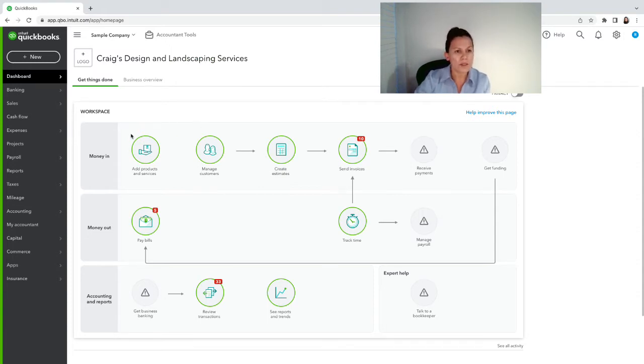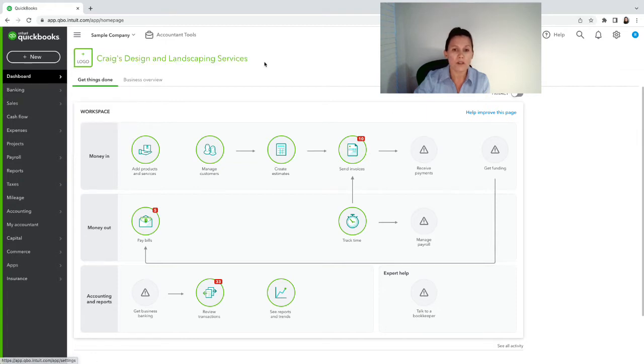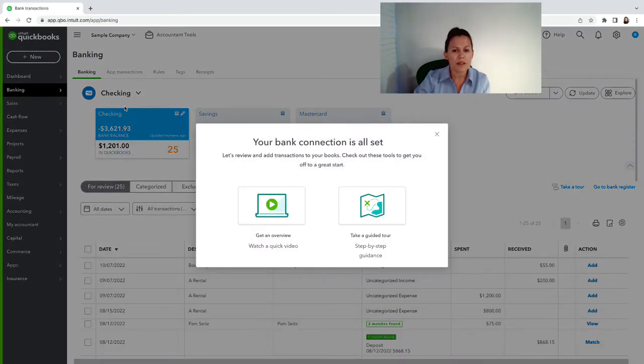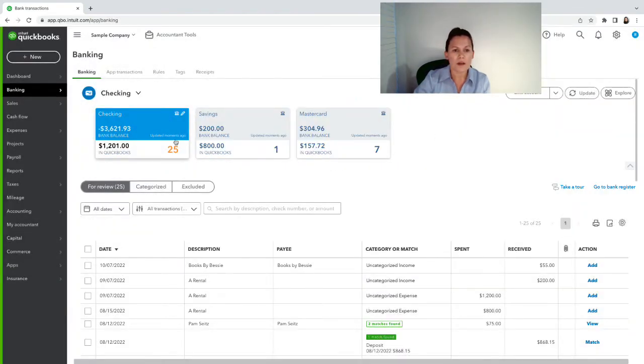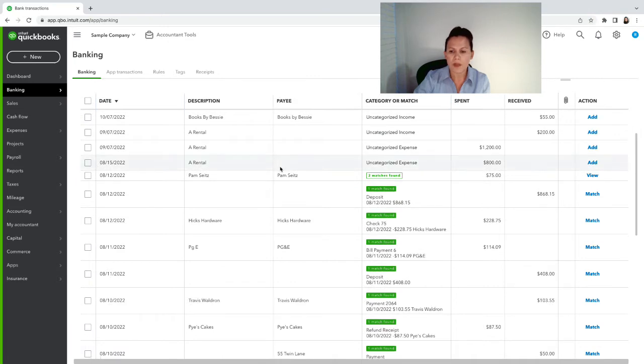All right, so first of all, if you are on the accounting view, you want to click on banking. If it is business view, it says transactions, or you can have the icons, right? And you click on banking from the icon. All right, so clicking on banking here we have the sample company transactions coming through.